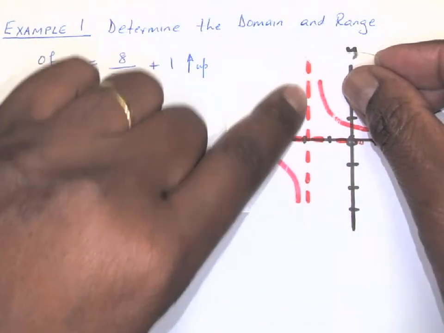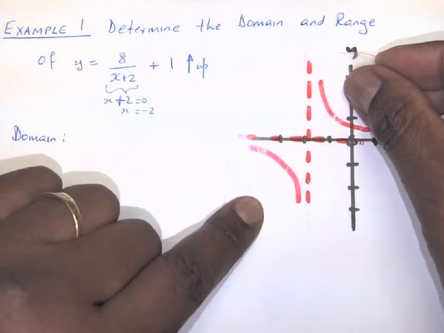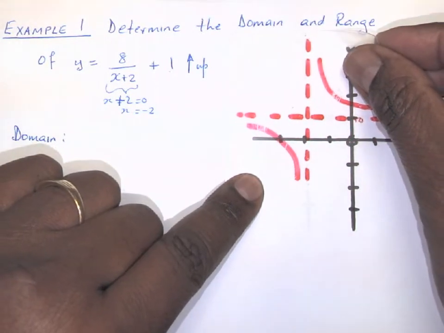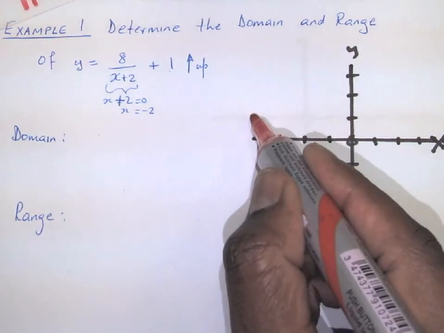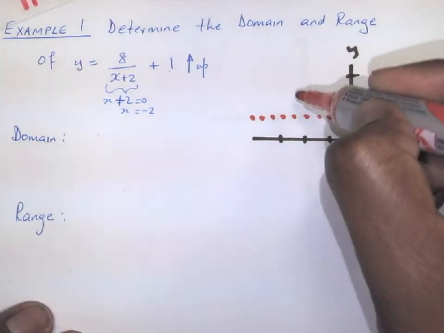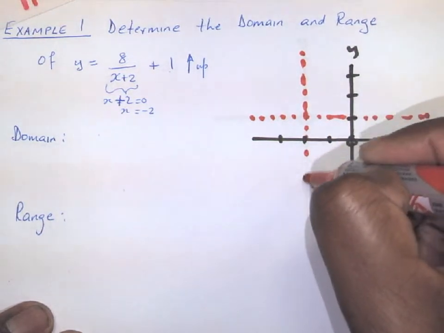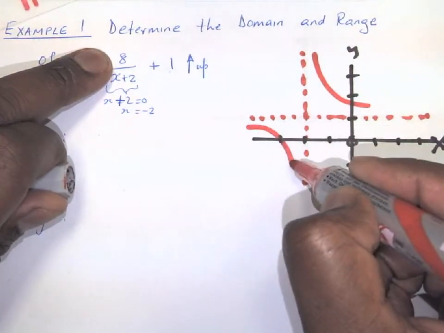Note that even the asymptotes are moving. And now going up 1, the asymptote is also going 1 unit up, which therefore means my graph now has a horizontal asymptote like that at 1 and a vertical asymptote like that. And since a is positive, my arms are there and there.